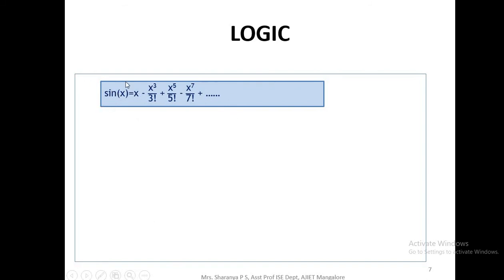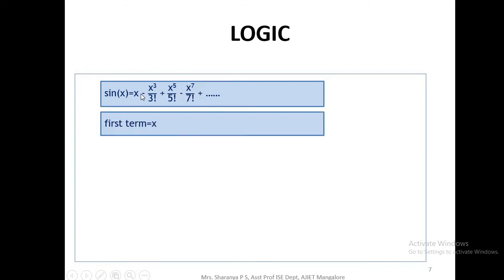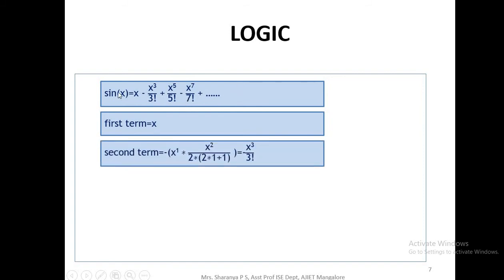This x refers to the number we are referring to here, and that is x cube divided by 3 factorial, x to the power of 5 divided by 5 factorial, minus x to the power of 7 divided by 7 factorial. Here the first observation is there are alternate minus plus symbols, and the first number that we are referring to here is x, and the second number is x cube divided by 3 factorial.